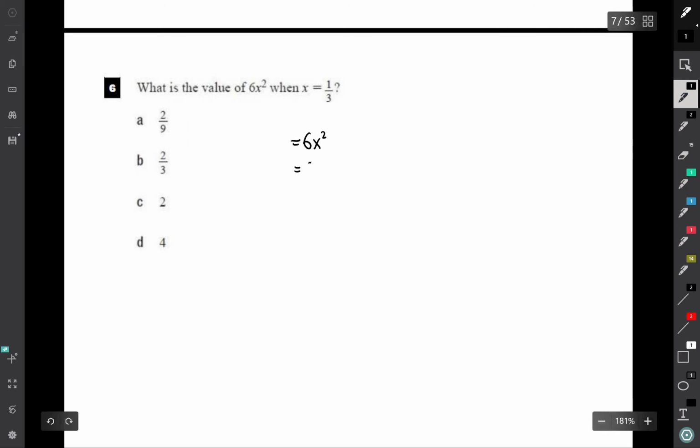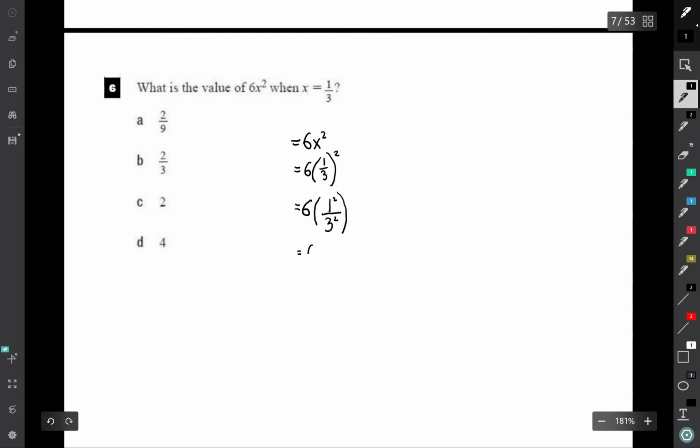Okay, so I get 6 times 1 over 3 squared. Now remember, when we have exponents and the base is a fraction, we just distribute that exponent to the top and bottom. So we get 6 times 1 squared over 3 squared.